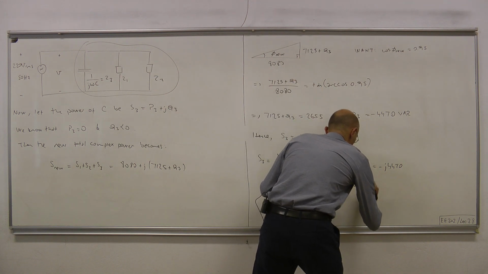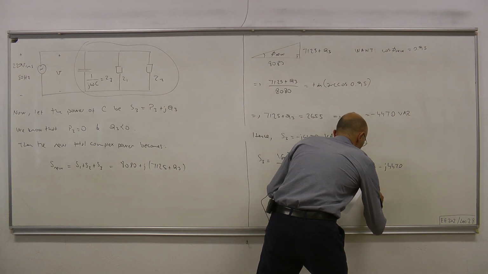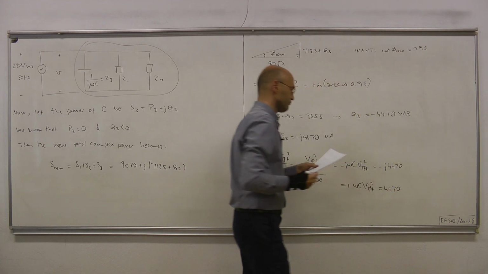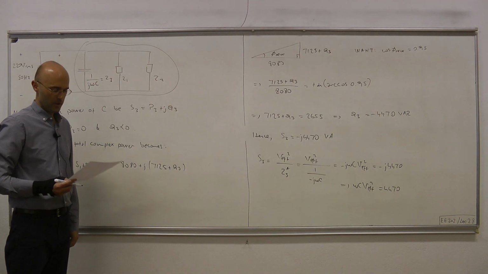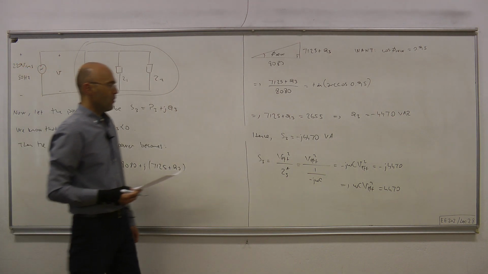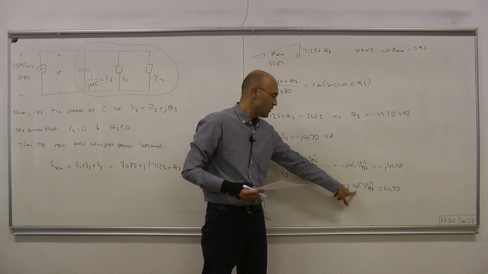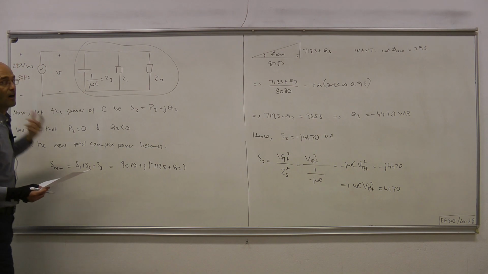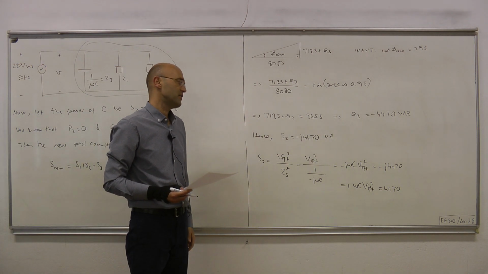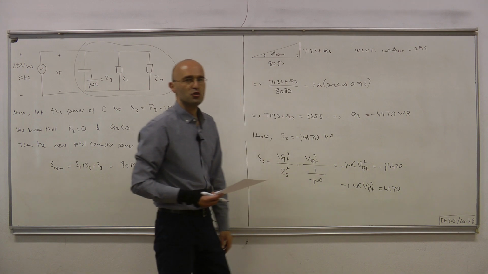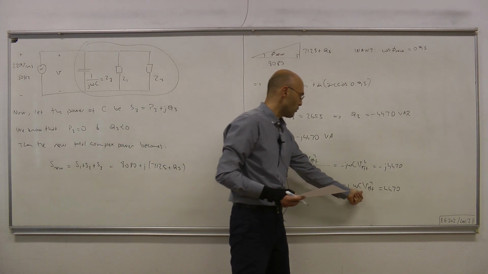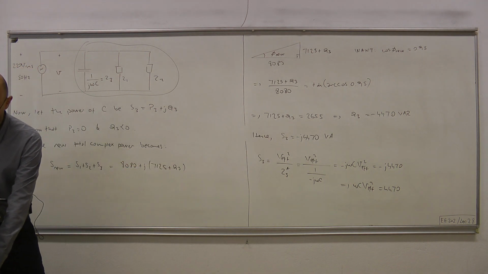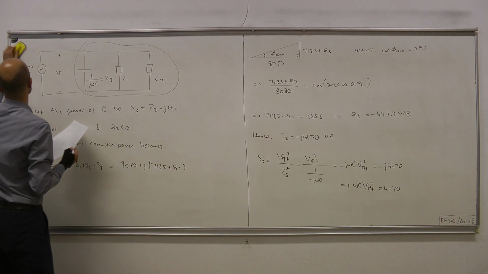Hence, omega C V effective squared equals 4470. Now we know omega, which is 50, the frequency in hertz, times 2 pi, because omega is measured in radians per second. We know V effective, which is 220. Therefore, the only thing that's unknown here is the capacitance. So let's quickly compute that and we'll be done.